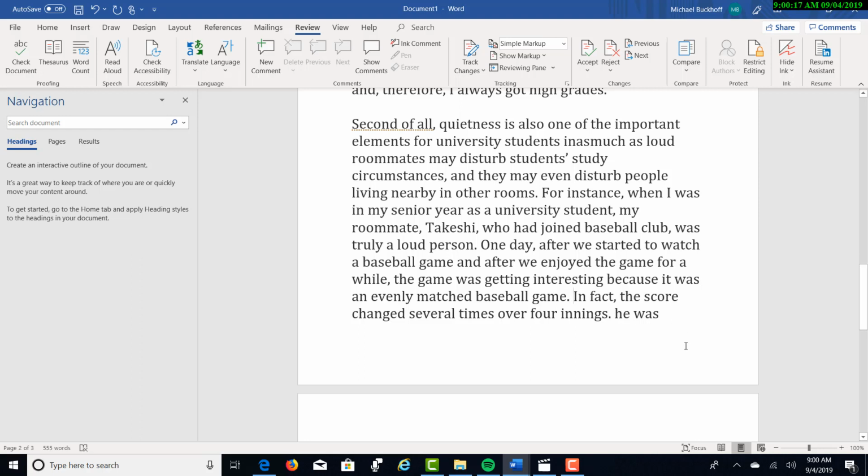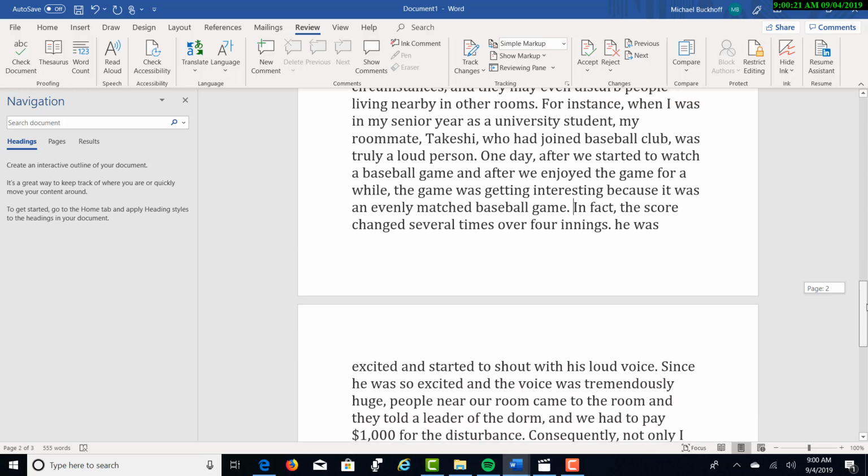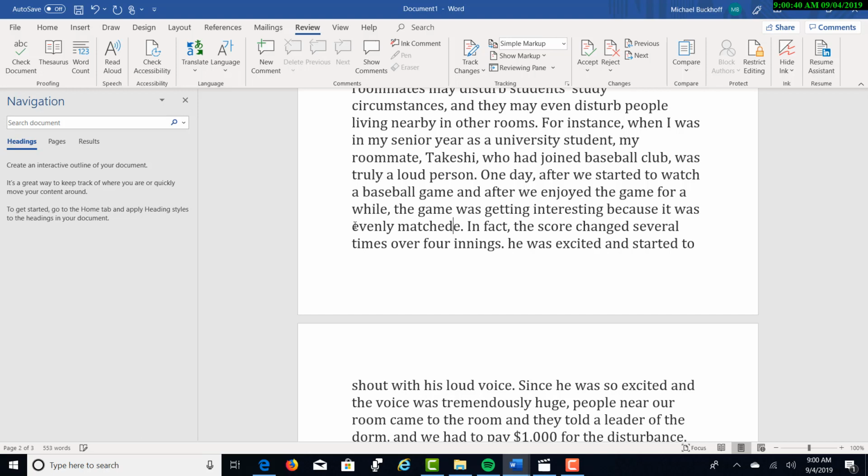What I'm doing is trying to explain the seesaw thing. I think you needed to explain that a little bit more here. "One day, after we started to watch a baseball game, and after we enjoyed the game for a while, the game was getting interesting because it was evenly matched." Let's just put "evenly matched" because we already said baseball game before. You might want to say, "in fact, the score changed several times over 4 innings."